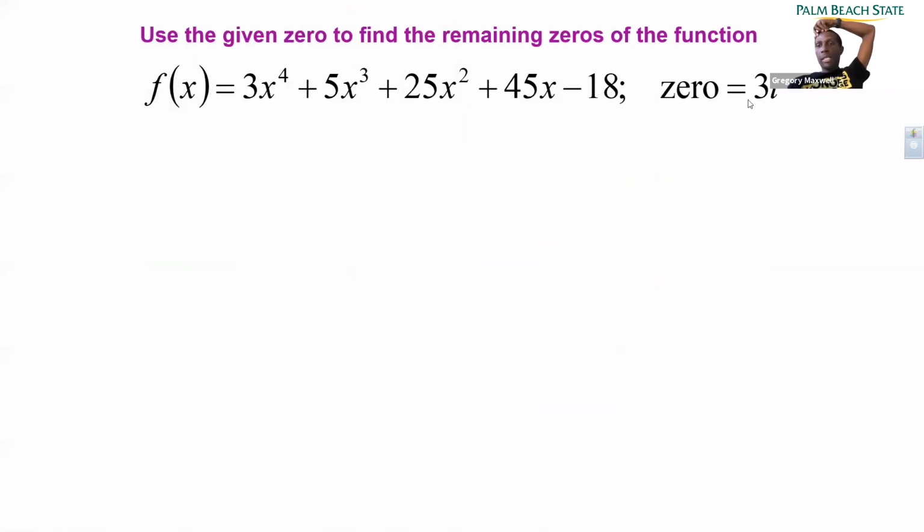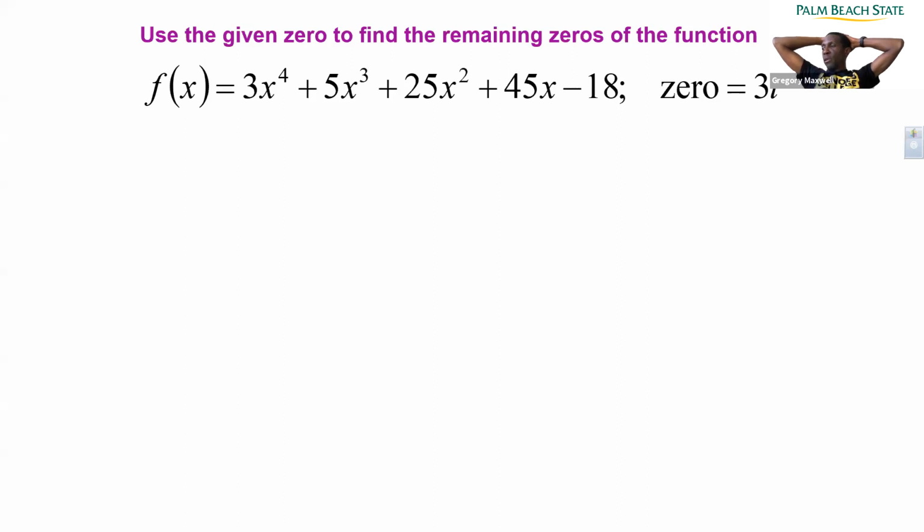You're given that a zero is 3i. Find all the remaining zeros. How many zeros should this polynomial have? Not one.